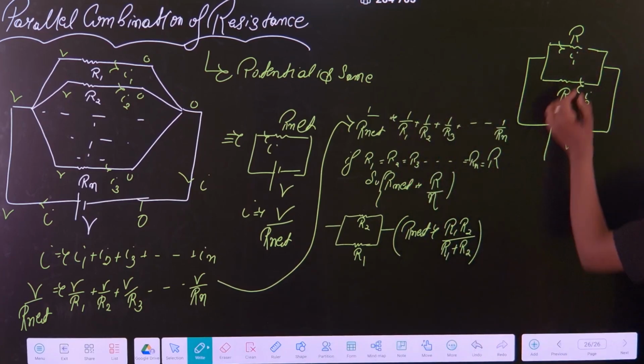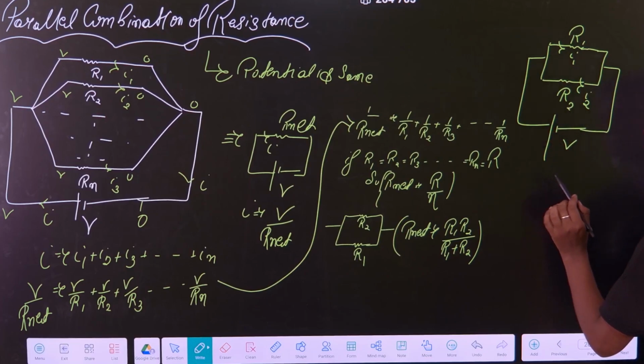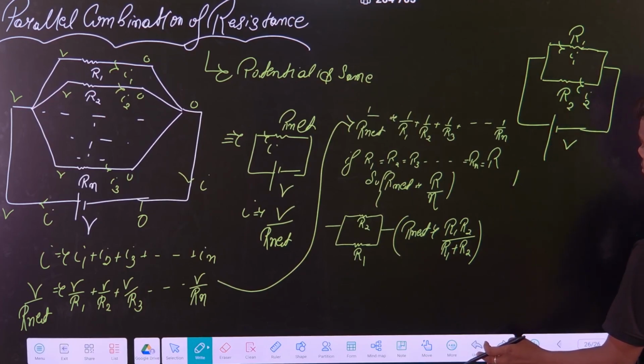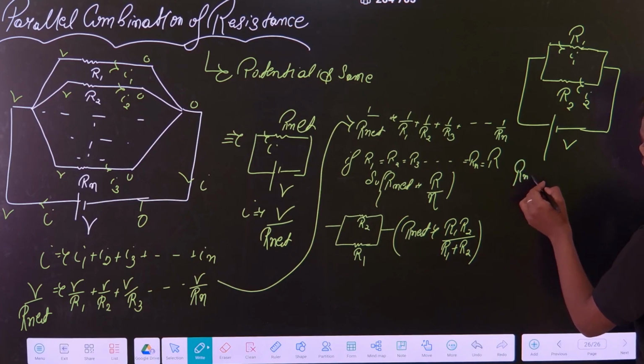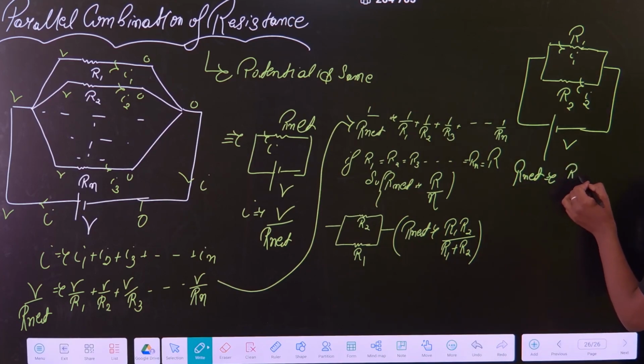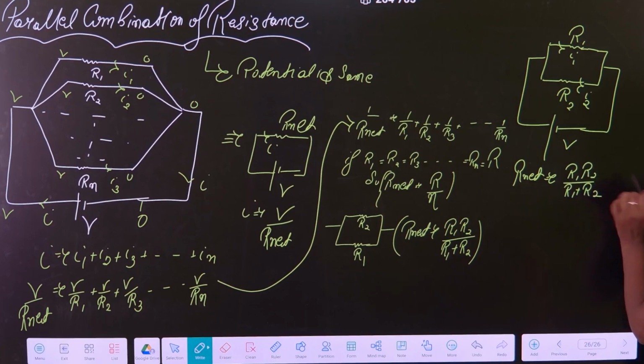How to solve this? First you have to calculate the R net. R net will obviously be R1 R2 upon R1 plus R2. That is clear.